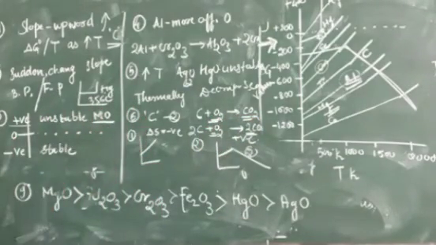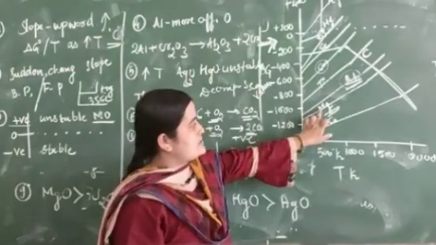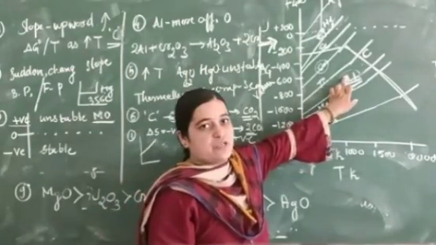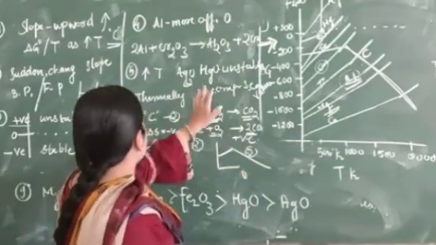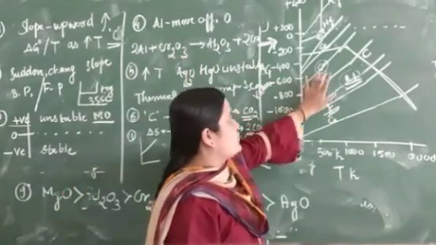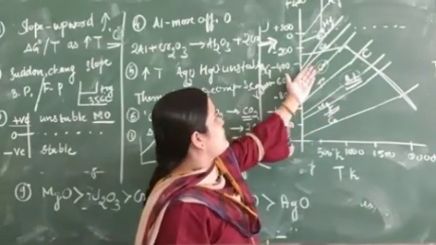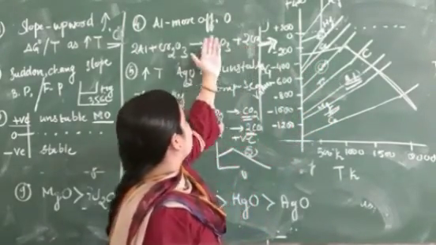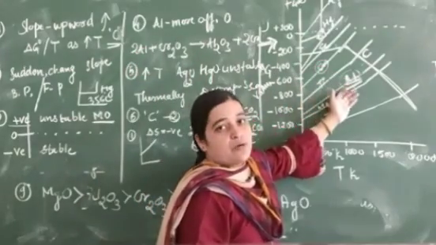Now the seventh one: if we are using any reducing agent, here we took the example of Mg and Al. Mg can be used for the reduction in the same way, or you can take aluminum and chromium. Just as here for chromium we are using aluminum, the chromium will lie above the aluminum.